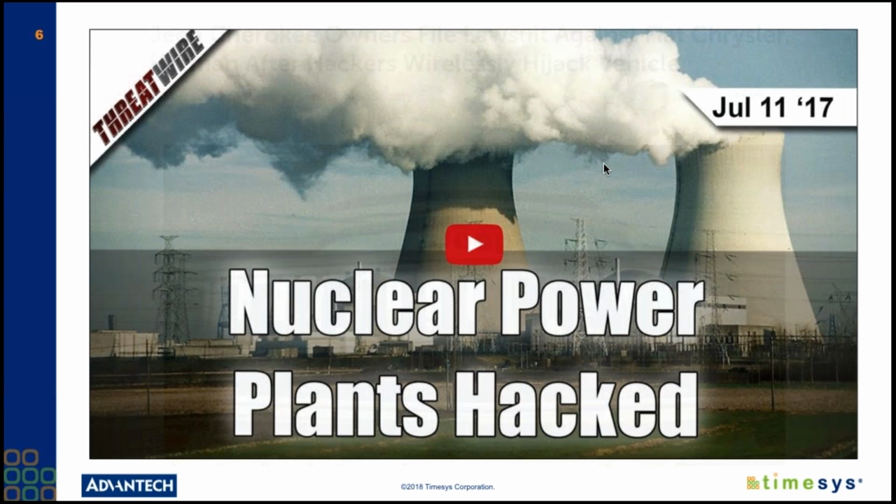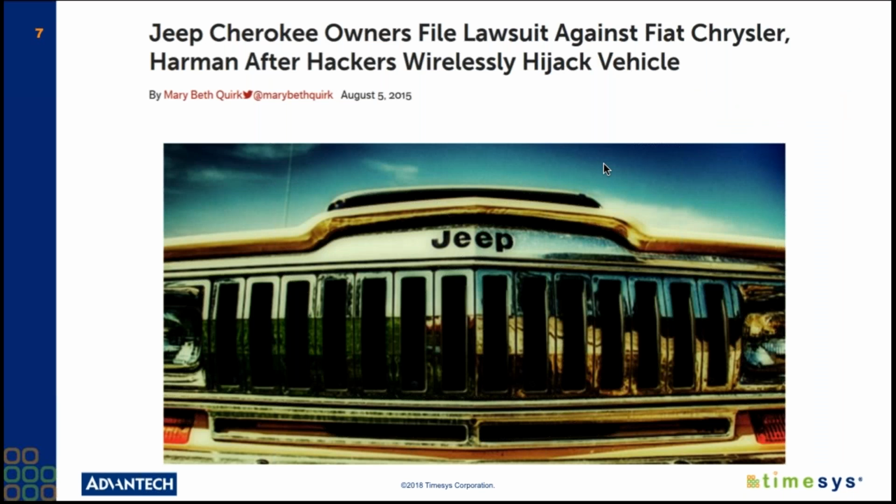A little bit closer to our heart is an example that was told around a Jeep Cherokee. There was a researcher who was able to access the car systems, sitting outside of the car using just a wireless connection, using one of the technologies that nowadays is being installed in vehicles.